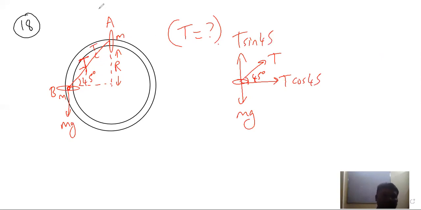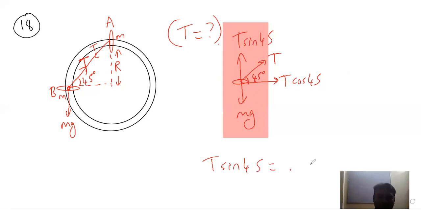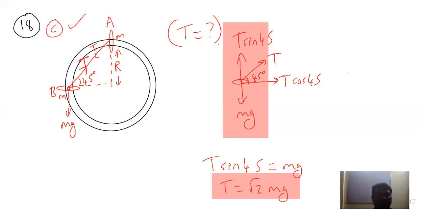Doing force balance in the vertical direction, we will have P sin 45 is equal to mg. From this we get P is equal to root 2 mg. So our correct answer to this question is tension force root 2 mg, which is option C. So the correct answer to question 18 is option C. P is equal to root 2 mg.